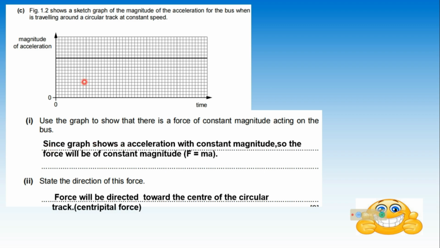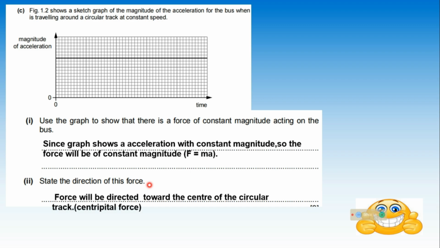Since the graph shows the acceleration with constant magnitude, the force will be of constant magnitude. For the relationship between force and acceleration, the mass of an object is a quantity which is always constant, and acceleration is constant. It is given here. So force will be of constant magnitude.